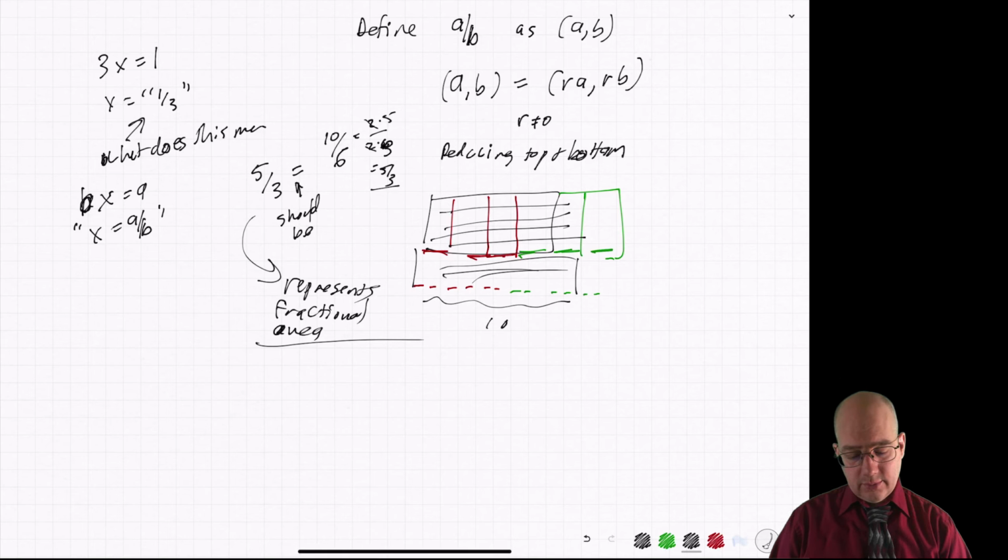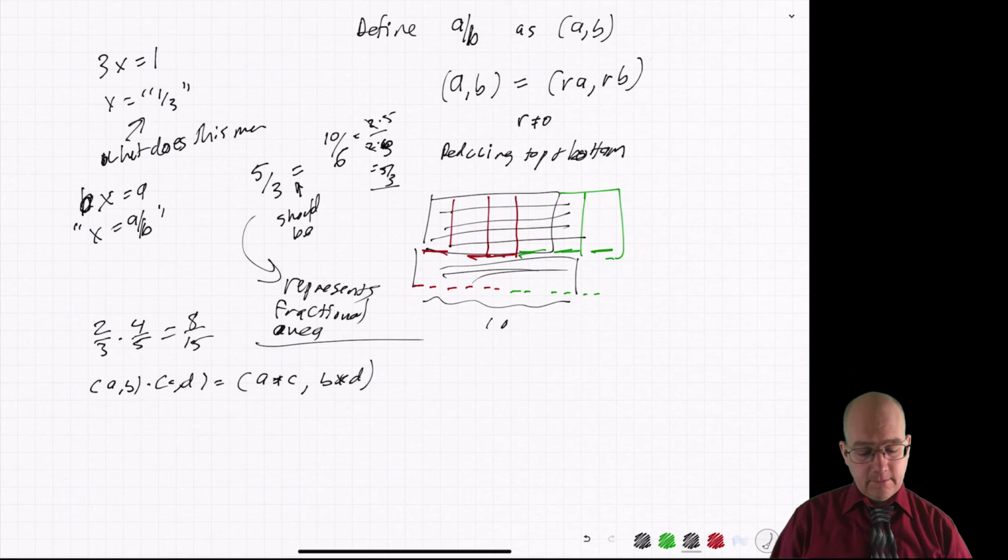So basically the idea of multiplying fractions, and you could check this by trying to divide things up with boxes or whatever, is you just multiply the top and bottom. So a/b times c/d is just a times c over b times d.